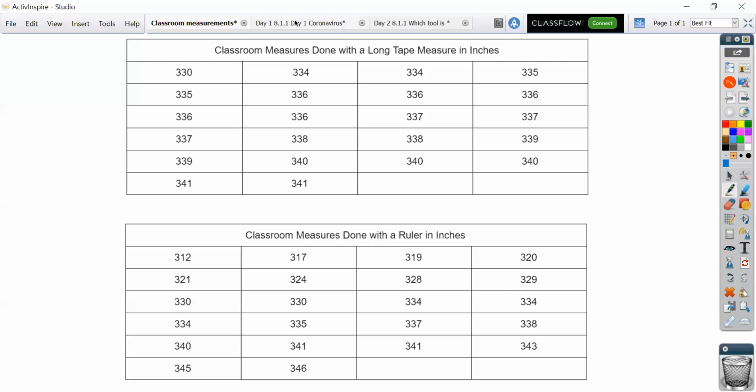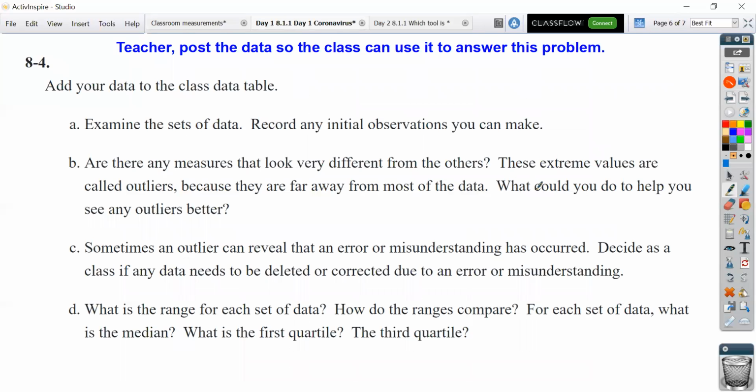I think that's a good observation. So let's see here. The spread of the data, of the tape data, is less than the ruler data.